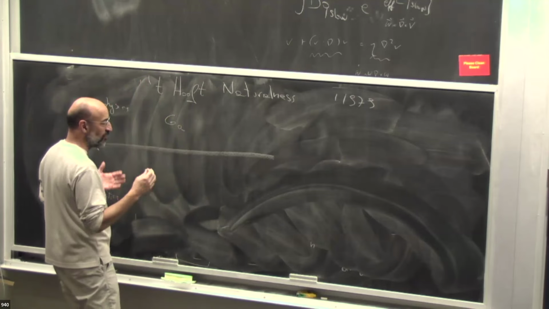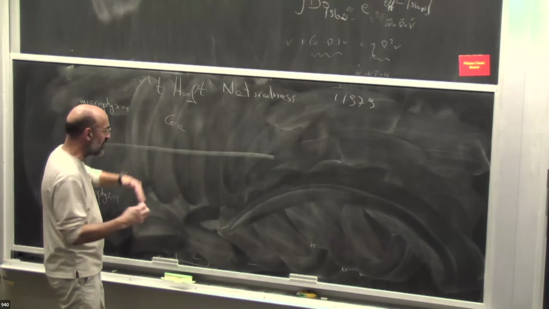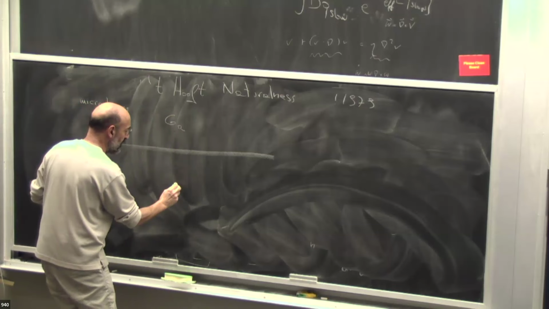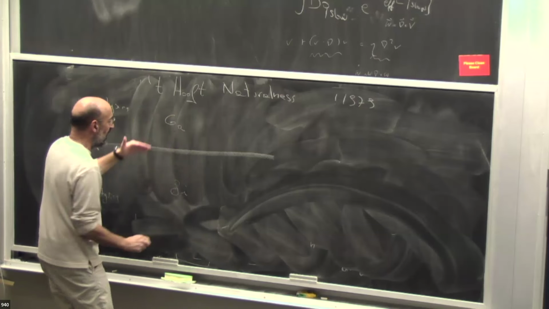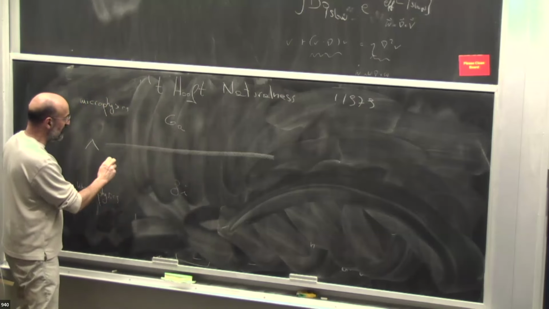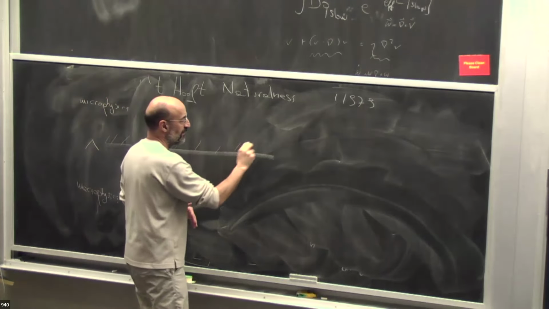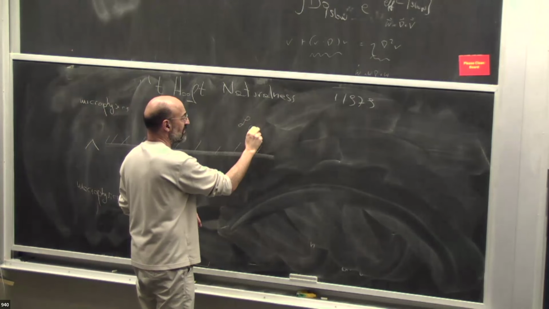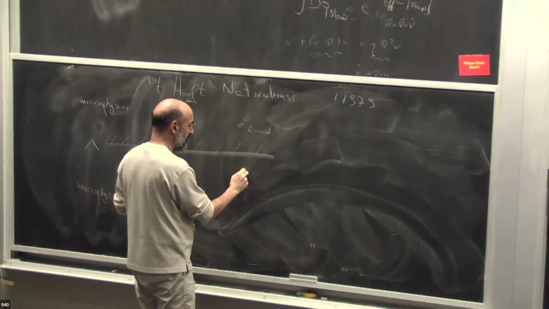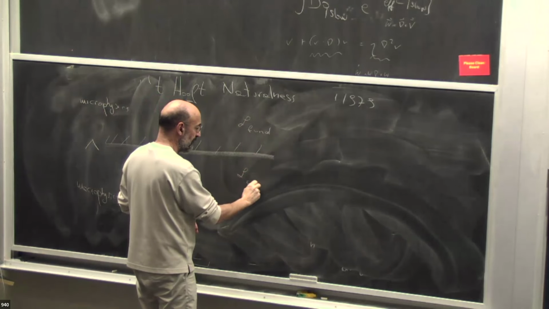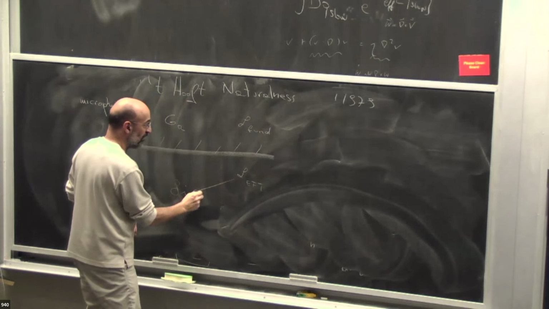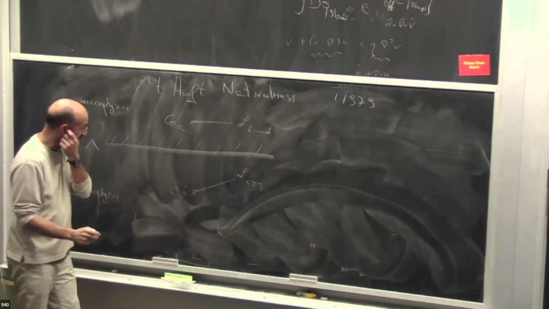But rather than computing them directly from here, you can do it in two steps. You can derive a low energy effective Lagrangian valid below this scale. This is the fundamental Lagrangian, and this is the EFT. These are parameters of the EFT, and these are parameters of the fundamental Lagrangian.